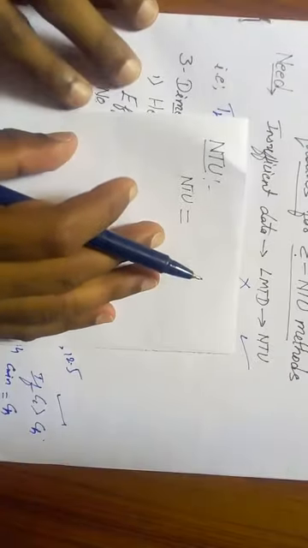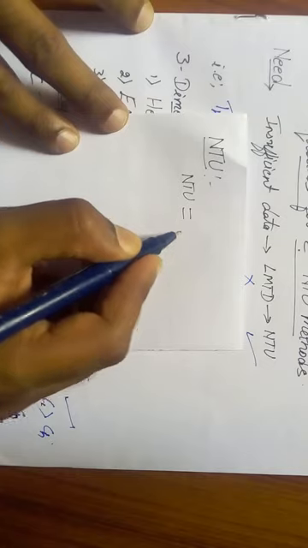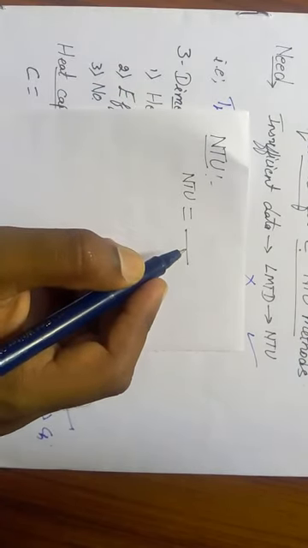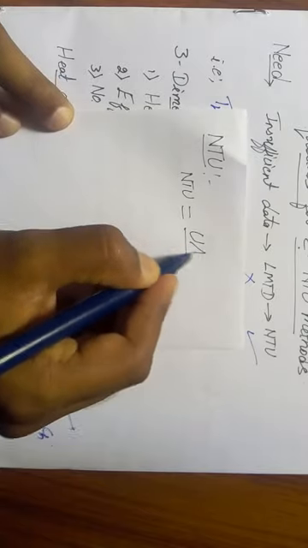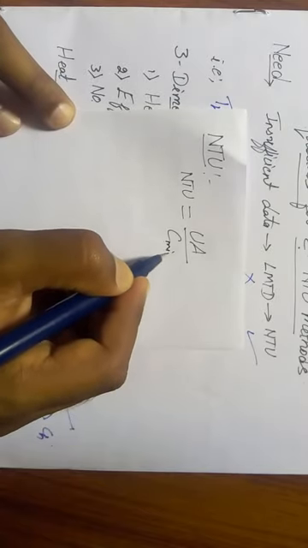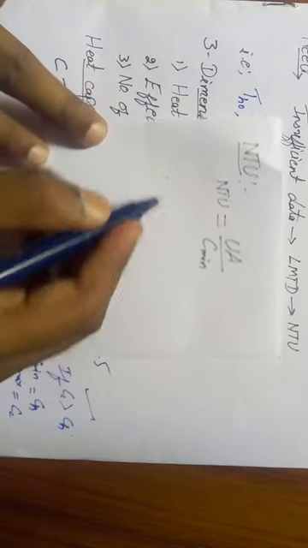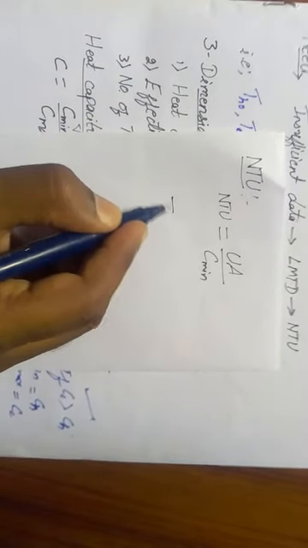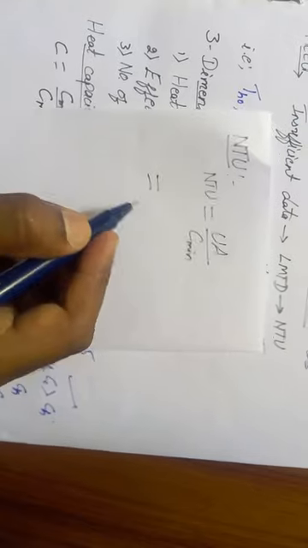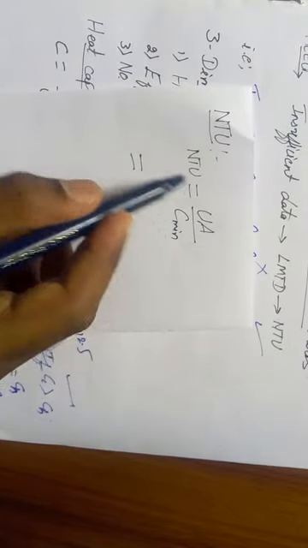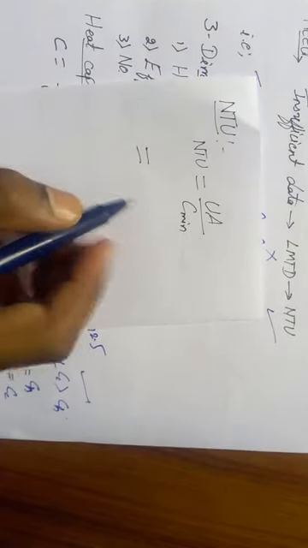NTU, the number of transfer units, is defined as the ratio UA by C min. This equation is NTU. So what is this UA by C min? Let us understand it in a literary manner. This is the mathematical one.